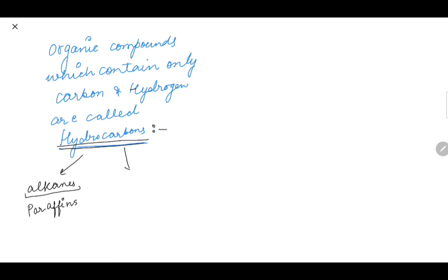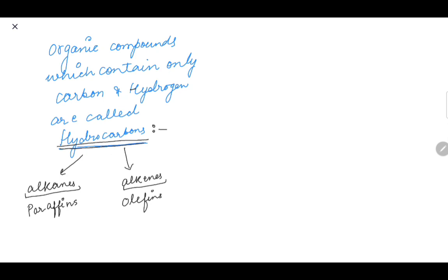Another category of hydrocarbons is alkenes. Most of the alkenes that you see would be olefins. So you must have seen sunflower oil, the refined oil, and olive oil and groundnut oil and different types of oils that you have, sesame oil. All the oils by nature are alkenes.